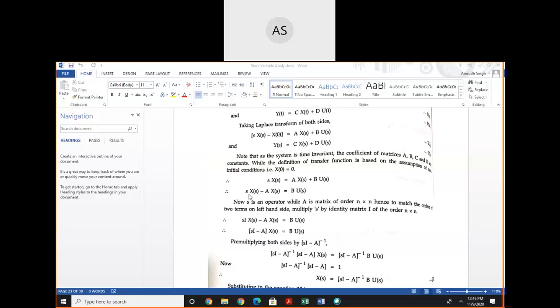Here s is an operator and A is a matrix, and the order of this matrix is n cross n. This is the system matrix.